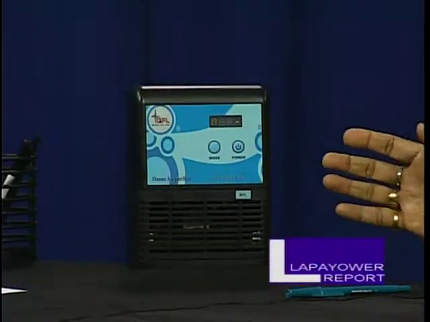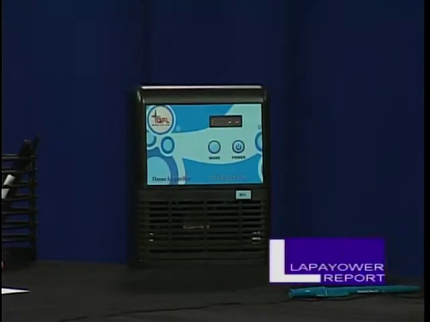Now, I'm also going to explain that it doesn't work like a filter. A lot of people get confused between filtration and purification. Filters draw the air in, all the dirt goes on the filter, and then they push the same air out.